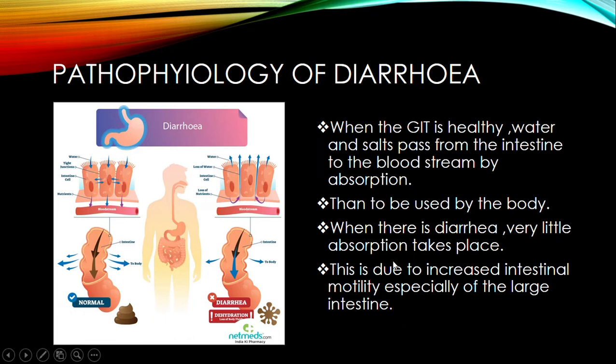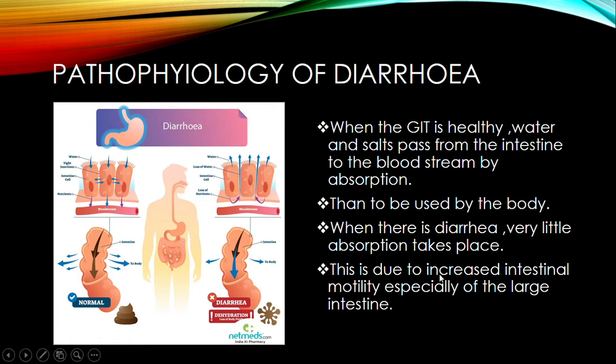Now when there is diarrhea, when there is gastroenteritis, very little absorption takes place, as we said earlier. Because of the inflammation going on through the GIT, the water and the electrolytes are not being absorbed into the bloodstream for the body to use.